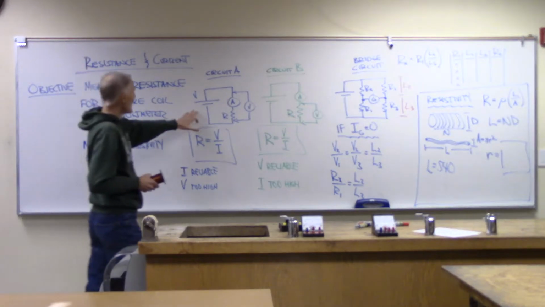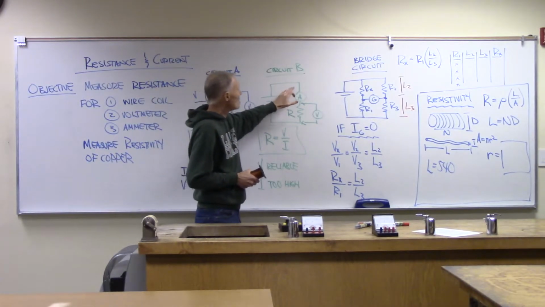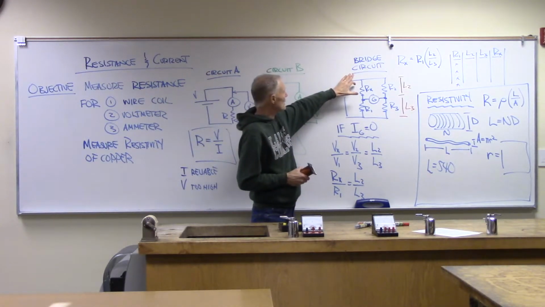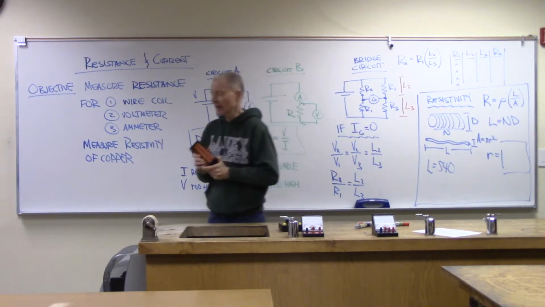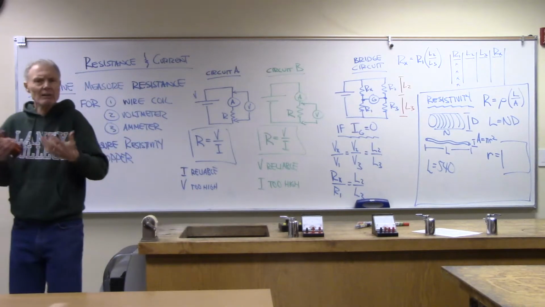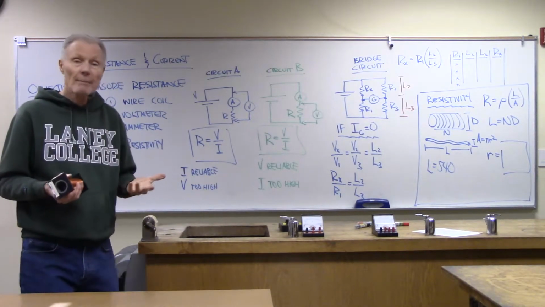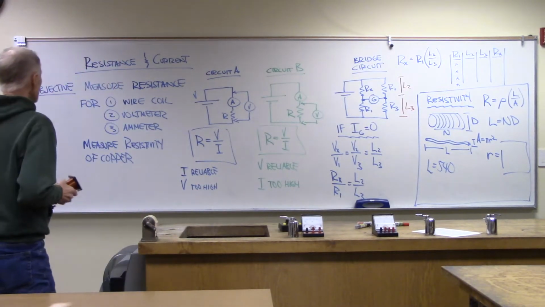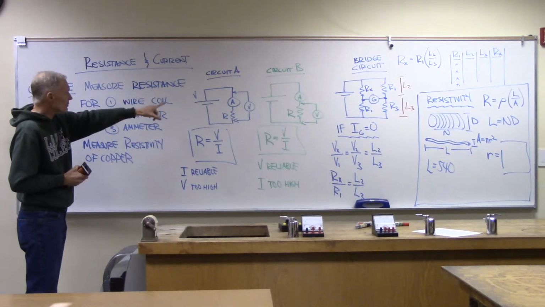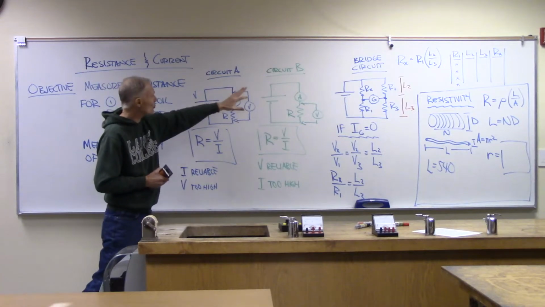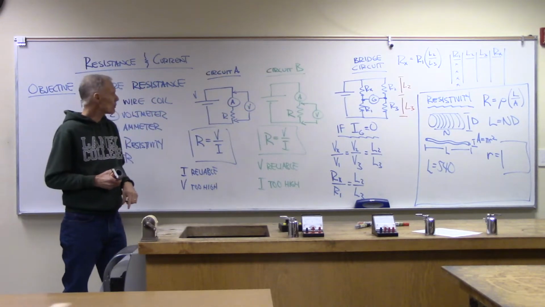So circuit A, circuit B, and then something we're going to call a bridge circuit. And in fact, that's going to give us a chance to go in and talk a little bit about measuring devices.